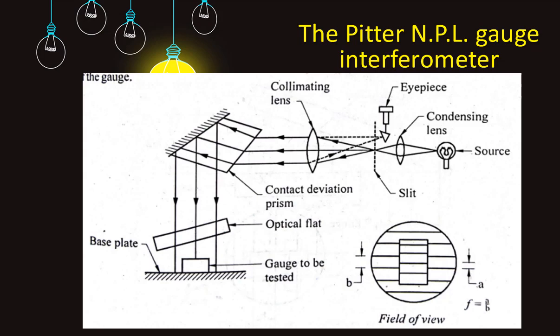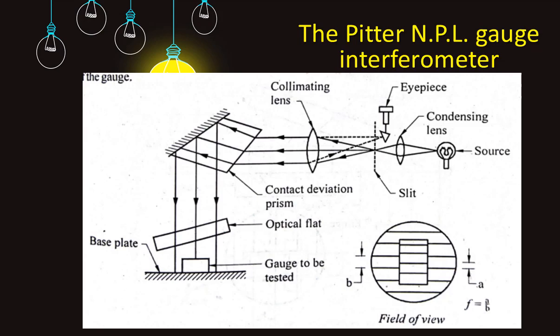Here it should be noted that the optical flat is adjustable for inclination in two planes so that the pitch and direction of the interference fringes may be set to the best position. The gauge on this instrument will be absolutely flat and parallel, and hence the bands on the gauge top and the base will be of the same pitch and direction but relatively displaced from each other.